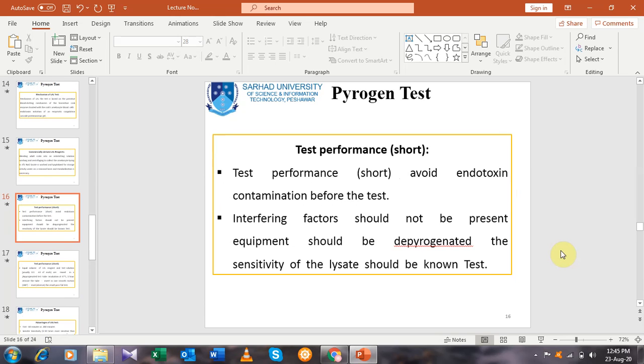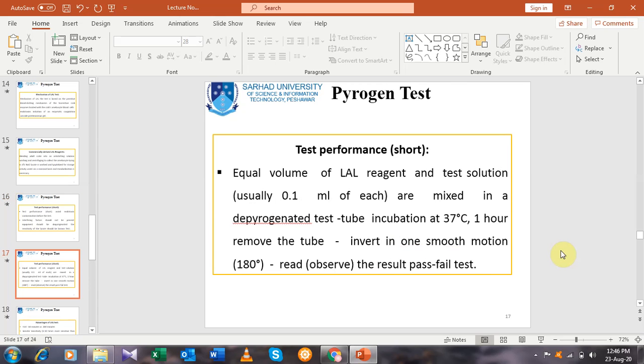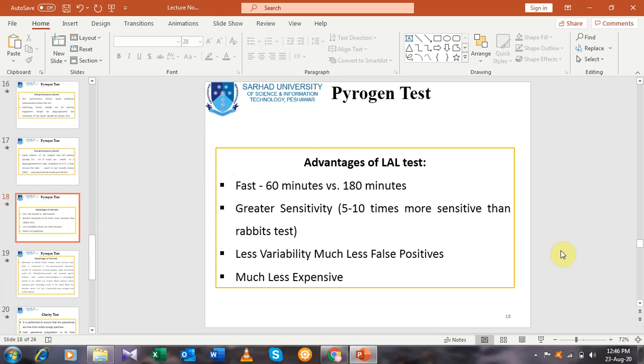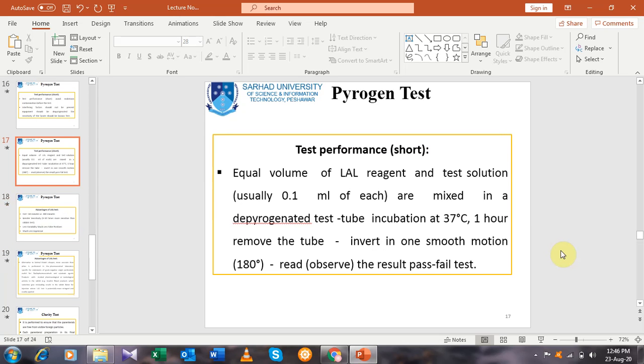Equal volume of endotoxin and the sample is combined in a depyrogenated tube and incubated for 60 minutes at a temperature of 37 degrees centigrade, and it is inverted in one smooth motion 180 degrees, and then it is checked for the results of the gel formation. If gel is formed, it means that pyrogen is there or endotoxin is present in the formulation.